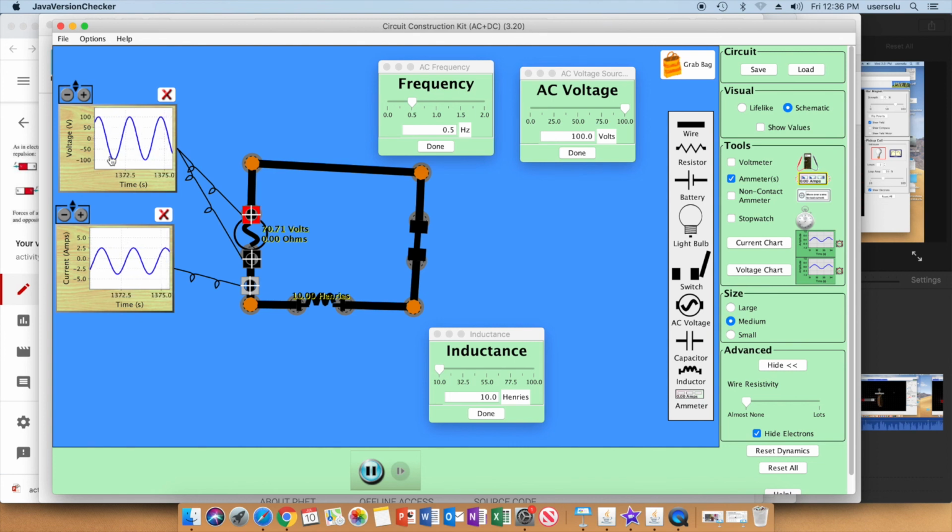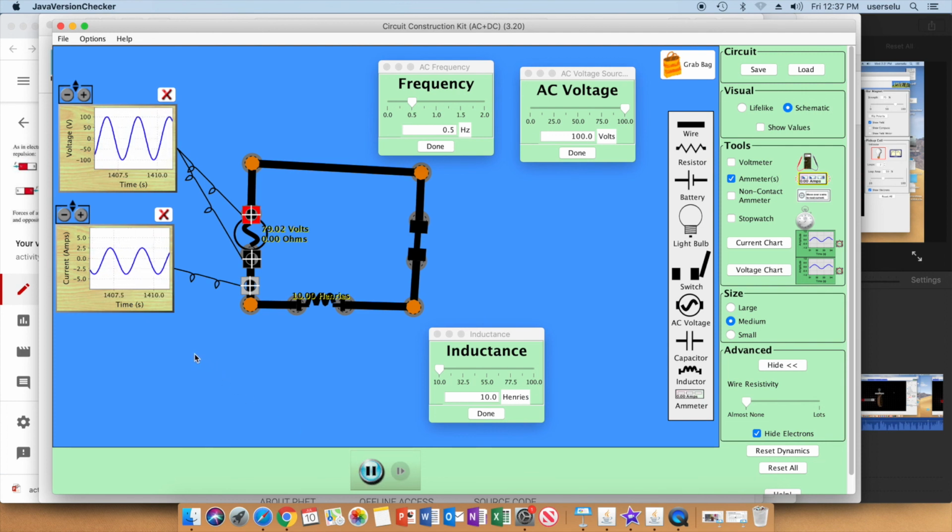It turns out that the resistance is 2 times pi times the frequency of the AC voltage times the inductance in henries of the particular inductor that you hooked in there. If you multiply that together, you get the behavior of the resistance of this device in the circuit. And if you divide that resistance into the voltage, you should get the value of the current that we're seeing flowing through this circuit. So that's one of the things you're going to be doing for your lab report.